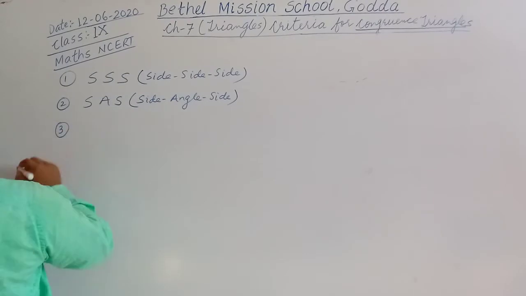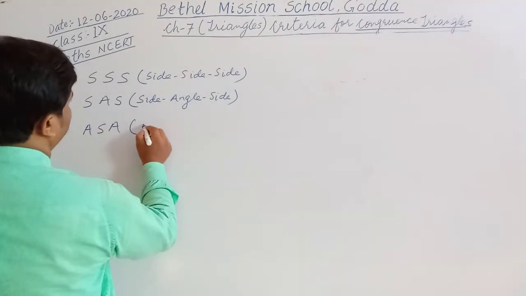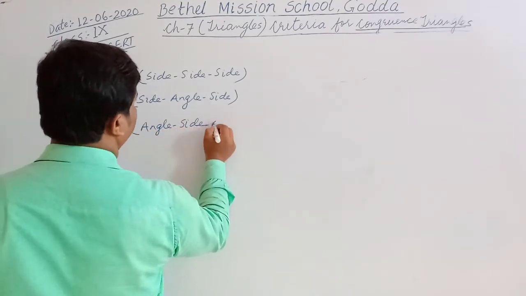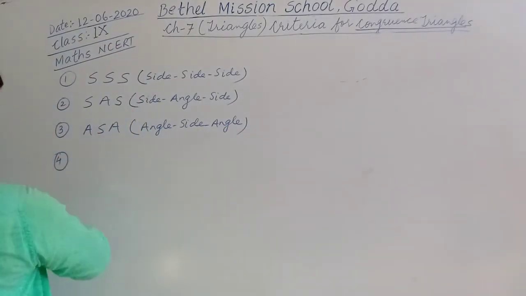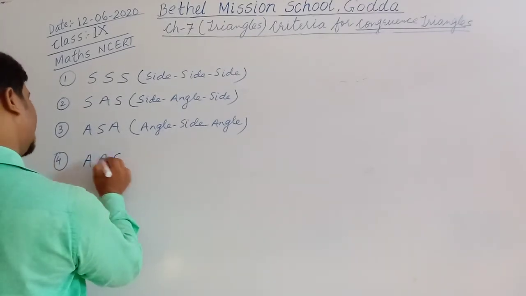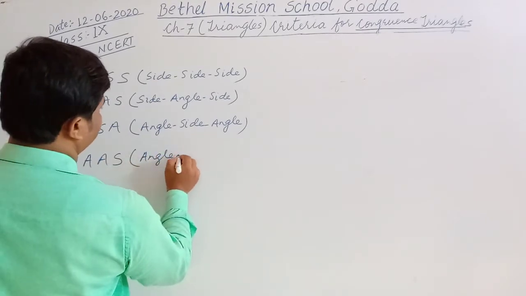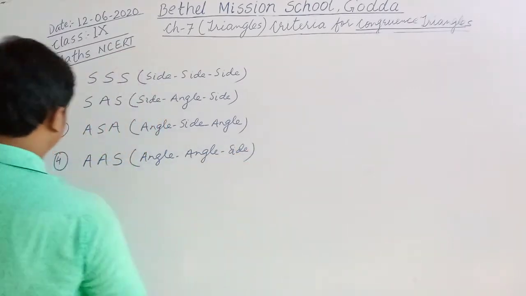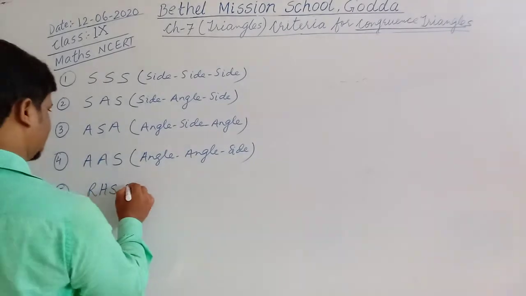Third is ASA, and this is called angle, side, angle. Fourth one is AAS. This is called angle, angle, side. And fifth one is RHS.